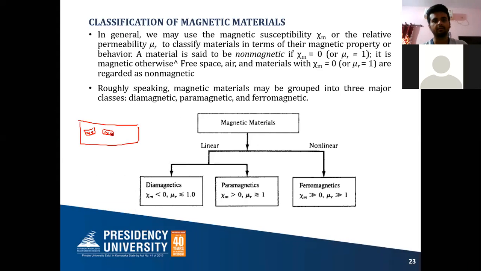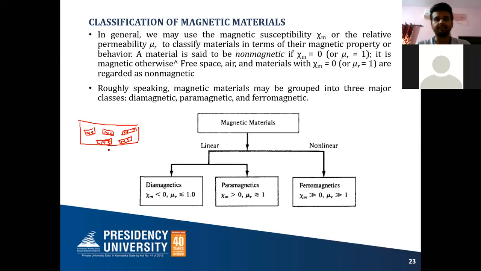These are called magnetic dipoles. So they are in random motion. These dipoles are spinning in random motion.